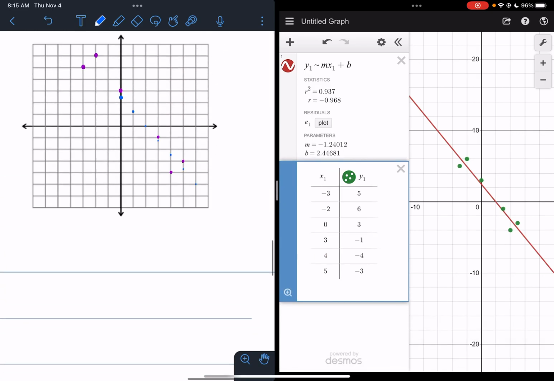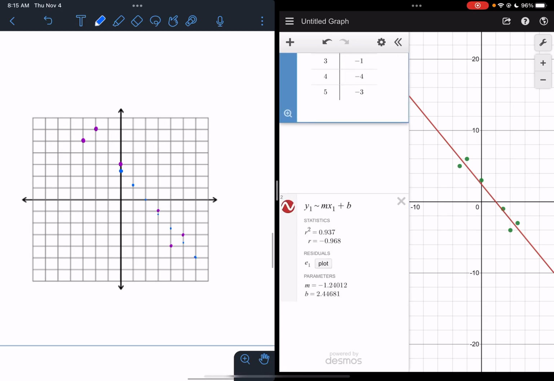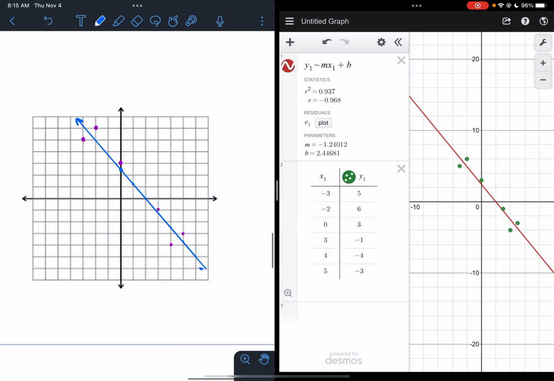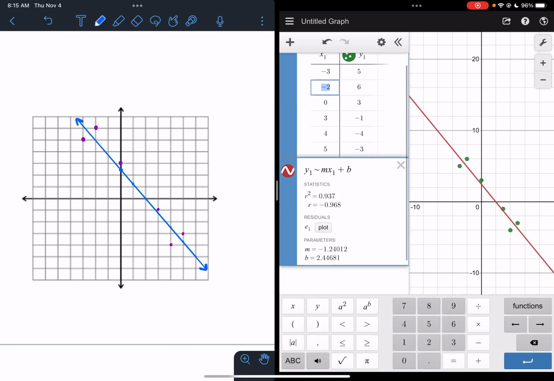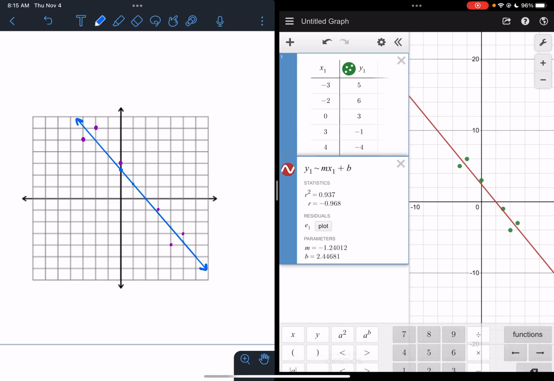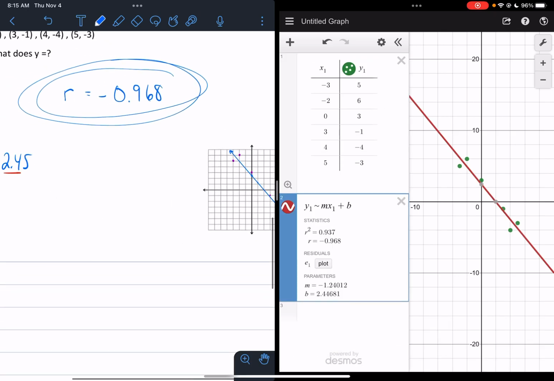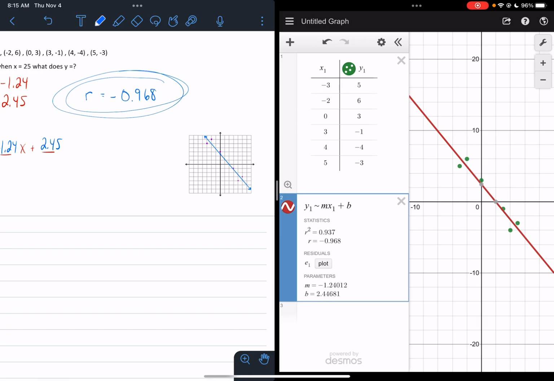So I should get a line of best fit that looks something like this. There you go. Again, there's my handmade line of best fit calculated by Desmos.